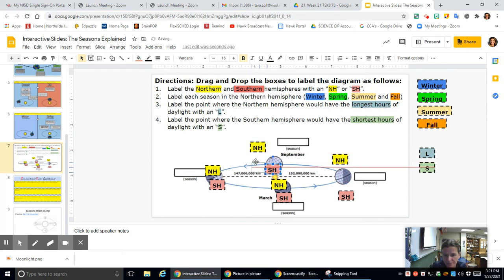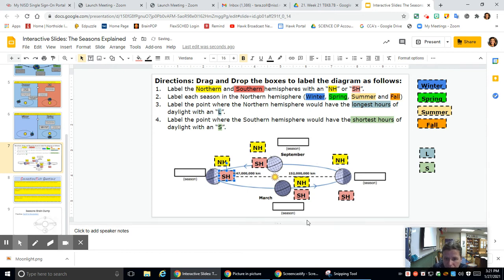Let me just move these out of the way. Okay, and so what I'm going to do, I'm going to start with my models on my right and the model on the left, and I'm going to go counterclockwise.